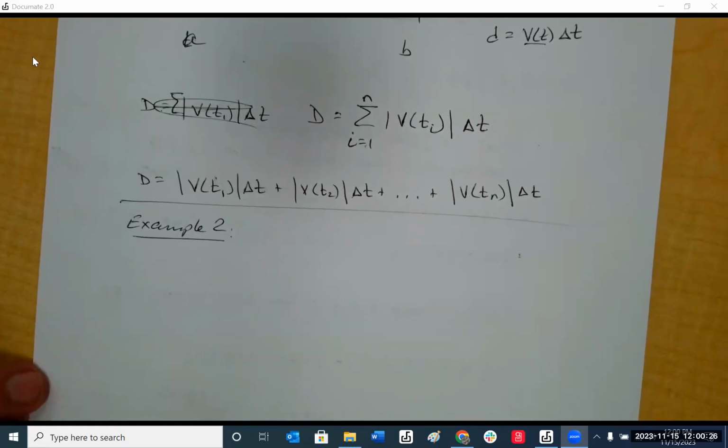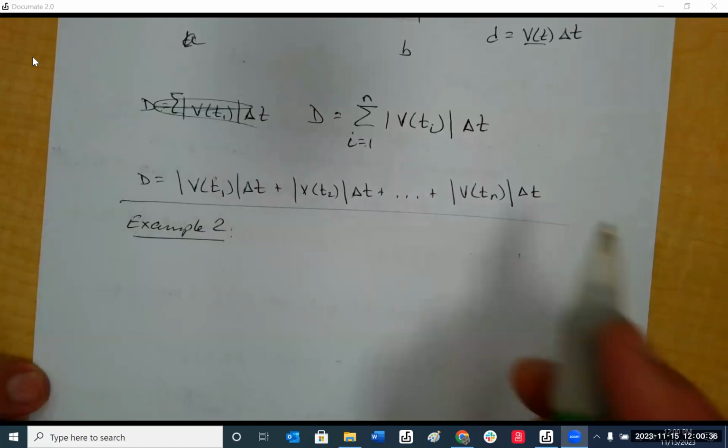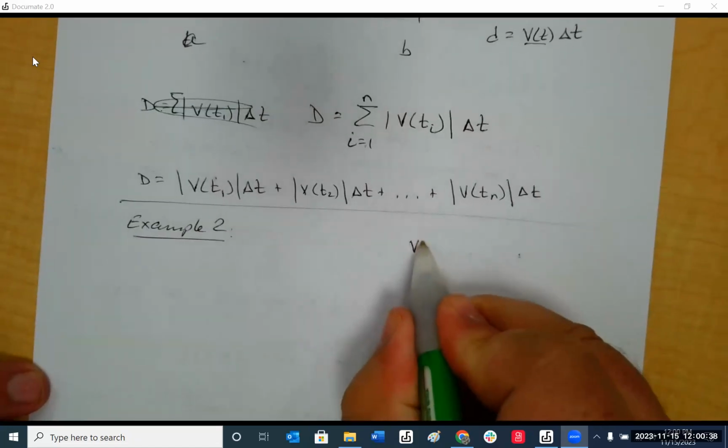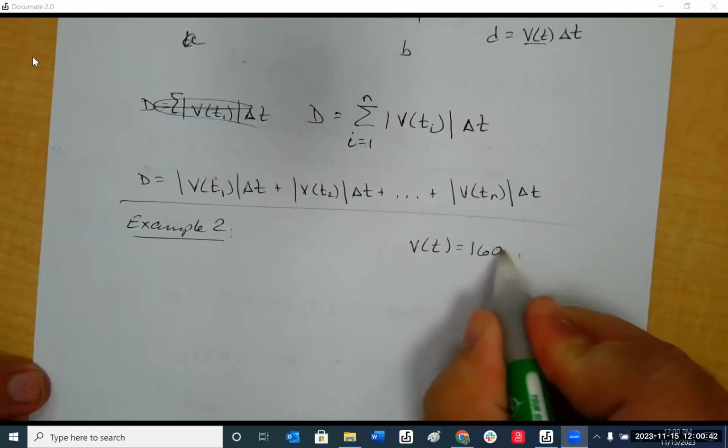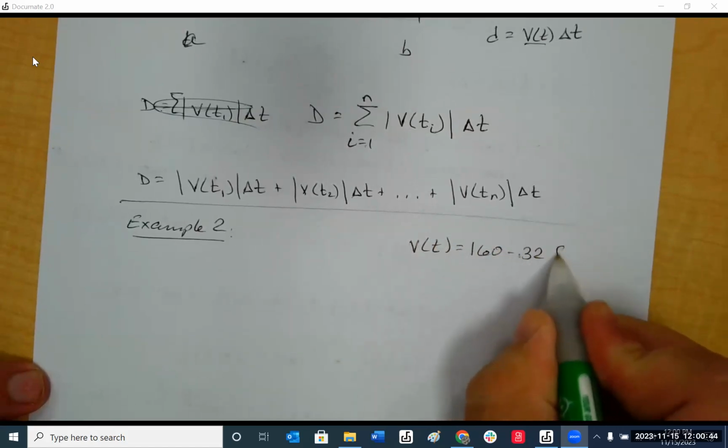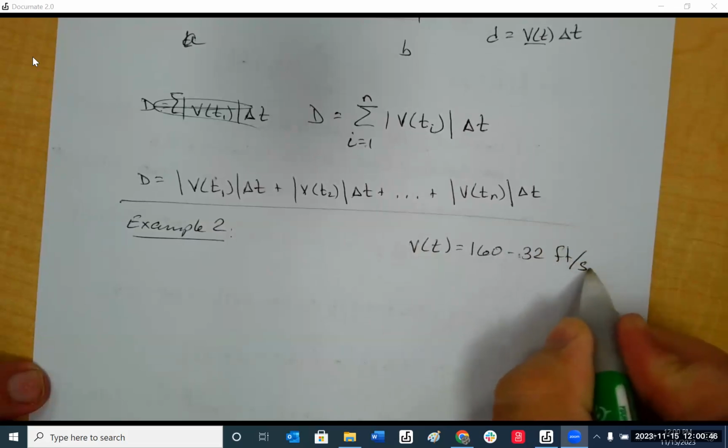In example 4 in section 3, we analyzed the motion of a heavy rock blown straight up by dynamite. I remember that one. In that example, we found the velocity of the rock at time t was 160 minus 32t feet per second.